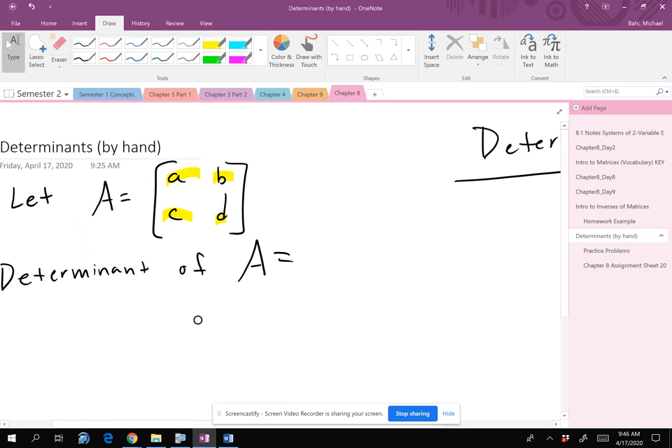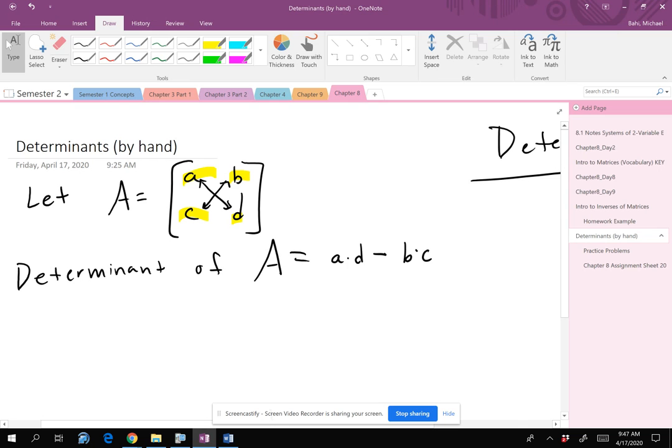To find the determinant of A, you take a times d, and then subtract the product of the other two, b times c. Again, this is part of the reason they call these a cross product in vector mathematics. So that's how you find it for a 2x2.